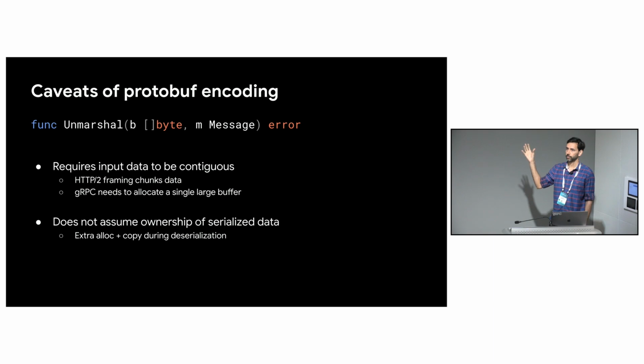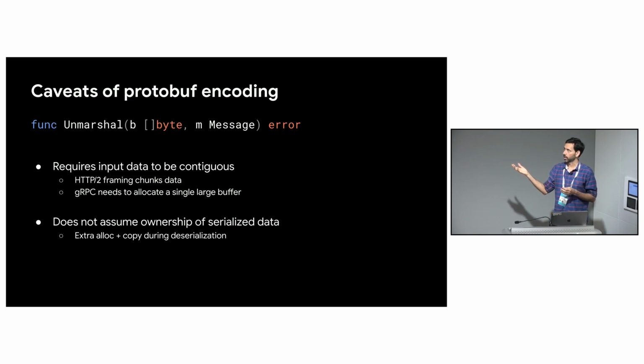It's a single flat byte slice, and it requires that the whole data that you want to deserialize is in a single contiguous buffer. For gRPC, where the actual request or response message goes as HTTP frames, it gets chunked into much smaller frames than your actual message size. So this means that gRPC needs to allocate a single buffer, put everything into that buffer, and then pass it to the Unmarshal function, and this causes a lot of garbage.